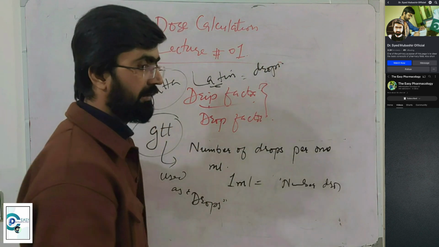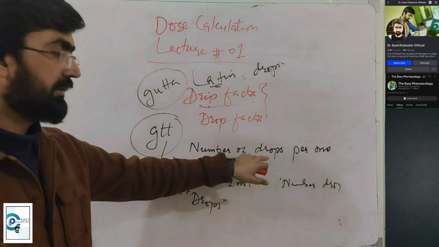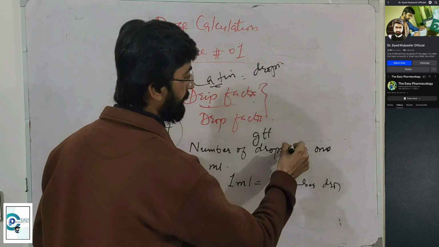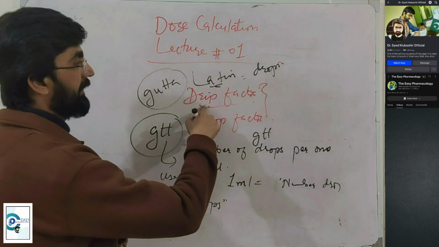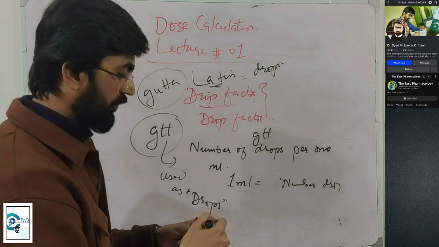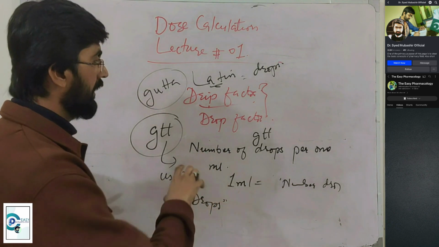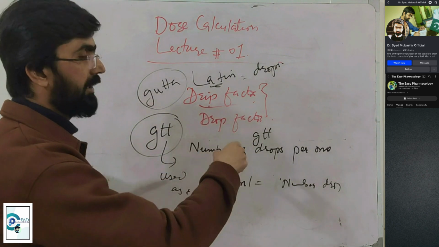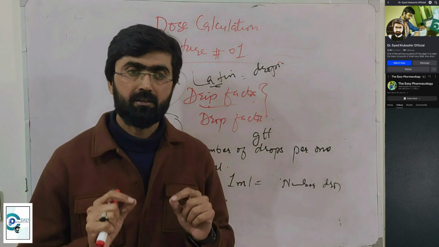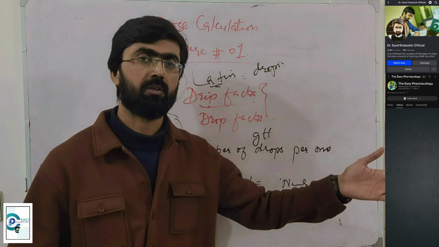So mostly in hospitals, instead of drops, they use the number of GTT per 1 ml, known as drip factor or drop factor. So up to this you have learned what is meant by drip factor or drop factor. Drip factor or drop factor is very necessary to know in order to do the further calculations.